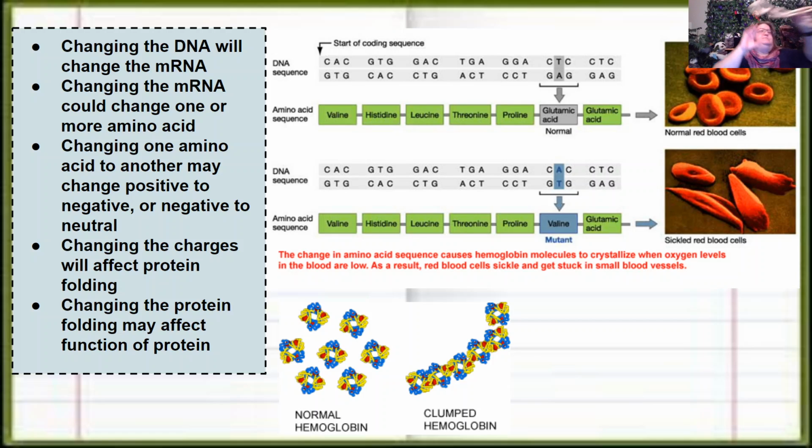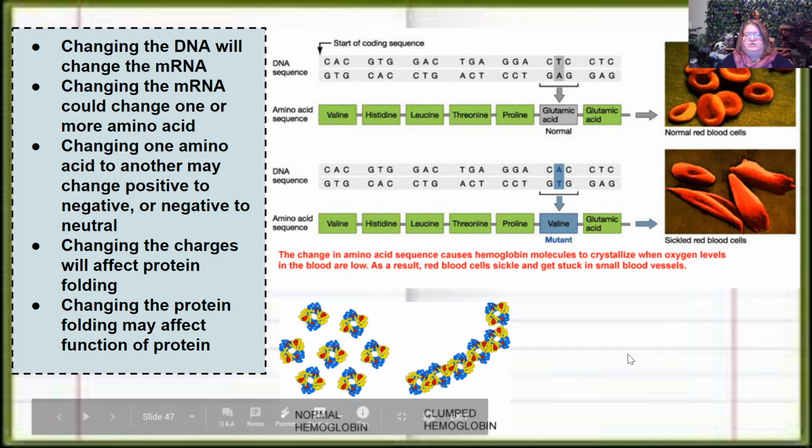Here is that shape of my molecule. Here's my amino acid strand. And if this is my hemoglobin, one change of an amino acid could mean that instead of these guys being joined together, they fall apart. And that affects the shape of my protein. And that becomes very, very important.